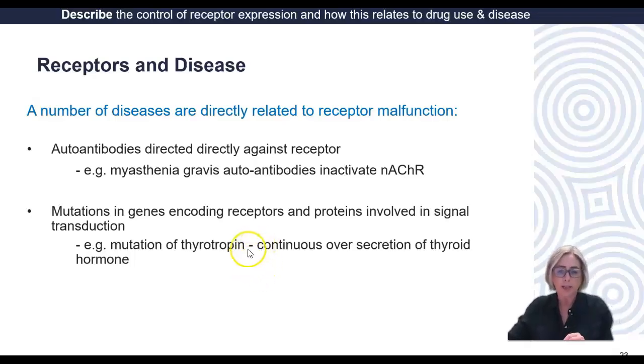And thyroid stimulating hormone binds to cells in the thyroid gland that synthesize and secrete T3 and T4, which are your thyroid hormones. So if you have a situation where there's a mutation of the thyrotropin gene, then you're going to get continuous oversecretion of thyroid hormone, and that then leads to the symptoms of hyperthyroidism.